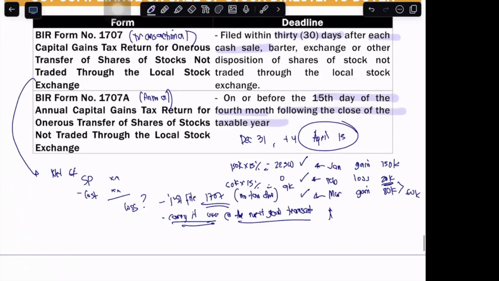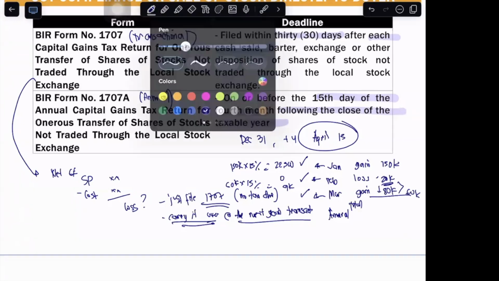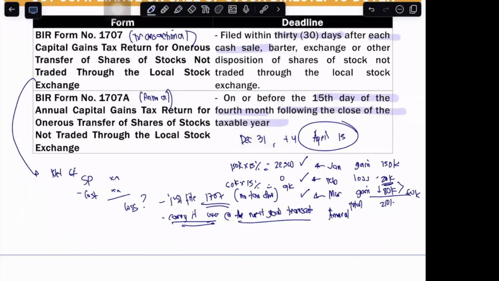And then on annual, let's say wala na siyang gain transaction after, we have here total gain or loss. So our total will be 150 less 20 plus 80. So this will give us 210,000. 210,000 multiplied by 15%, so this is the total, 31,500.